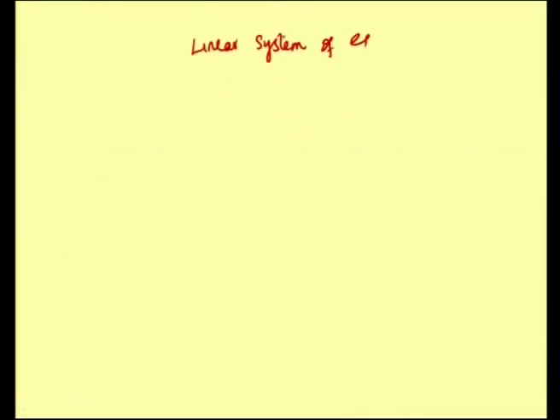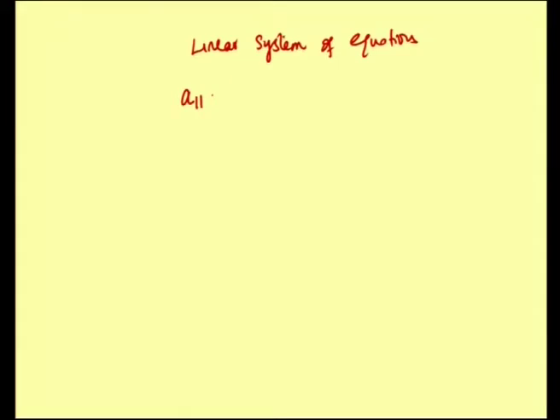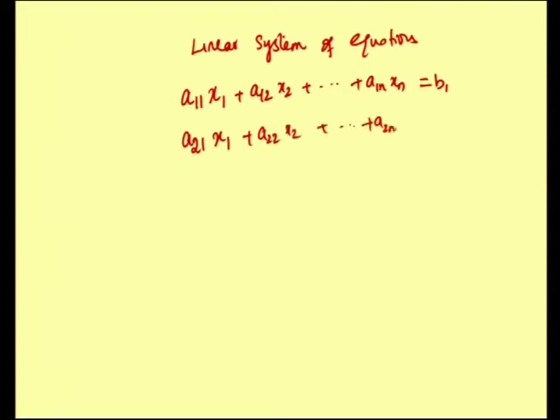Basically, what is a linear system of equations? It is a set of equations in n unknowns. For example, you take the first equation as a11x1 plus a12x2 plus etc. a1nxn is equal to b1. This is the first equation, and the second equation is a21x1 plus a22x2 plus etc. a2nxn is equal to b2.